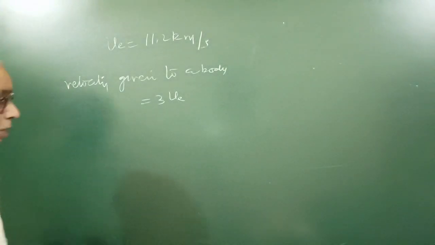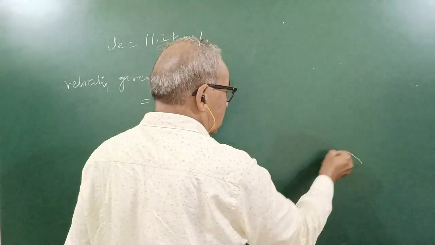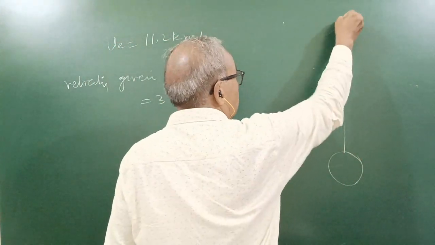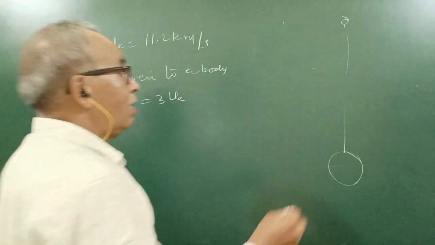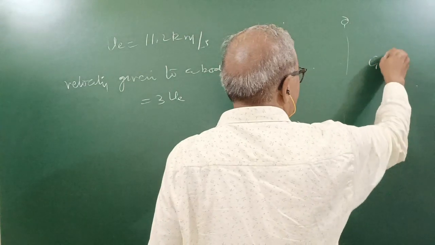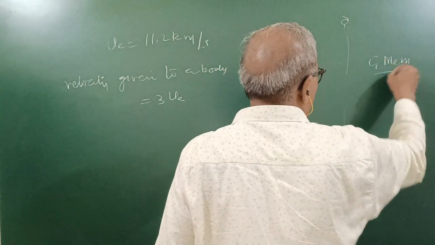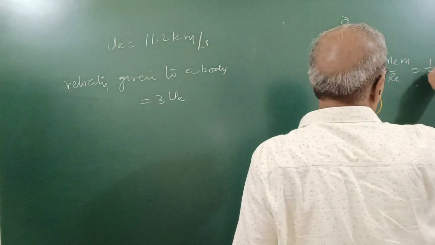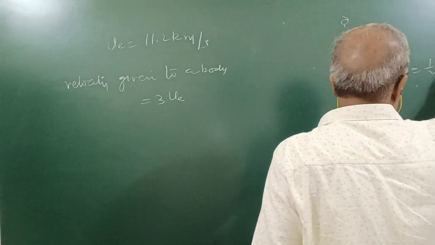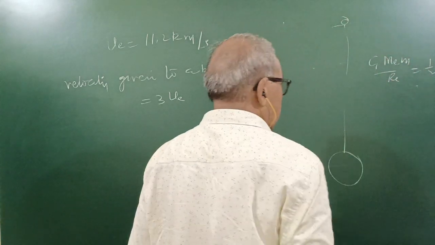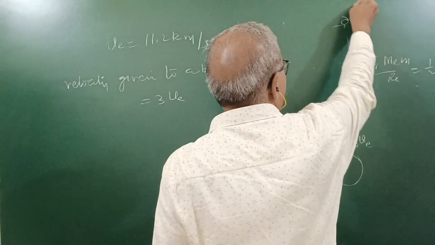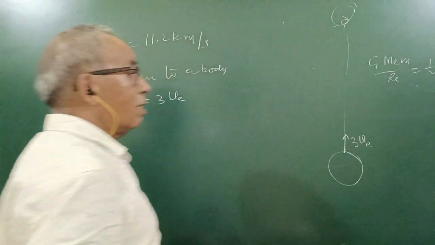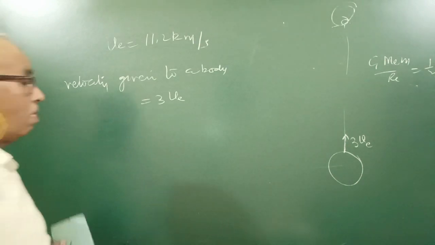Actually, the total kinetic energy will be given to it. We throw it from the Earth and it goes beyond the pull of Earth. To send it beyond the pull of Earth, the energy required is GMm upon Re, which is equal to half mVe square. But here the velocity is thrice Ve, so some energy is left, which will be in the form of kinetic energy.